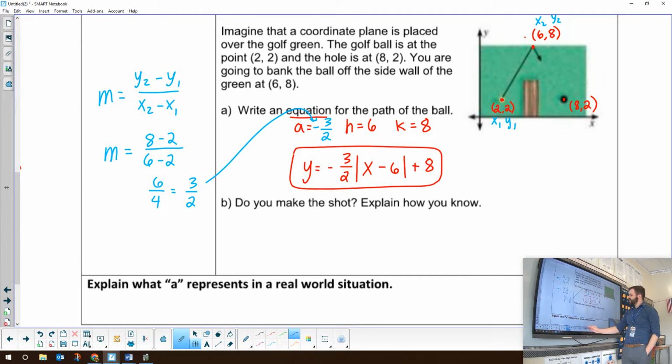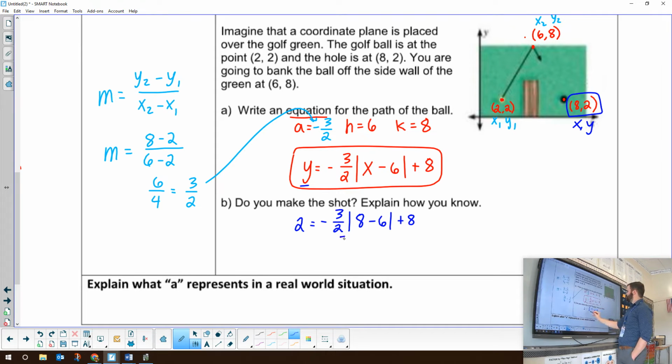The way we can tell is if we take the hole right there and plug it in, does it actually make sense to be on the graph? Does it work? Well, let's see. Remember, this is my x and my y. I'm going to take the 2, I'm going to plug it in for that y right there. So I'm going to go 2 equals negative 3 over 2 times the absolute value of 8 minus 6 plus 8.